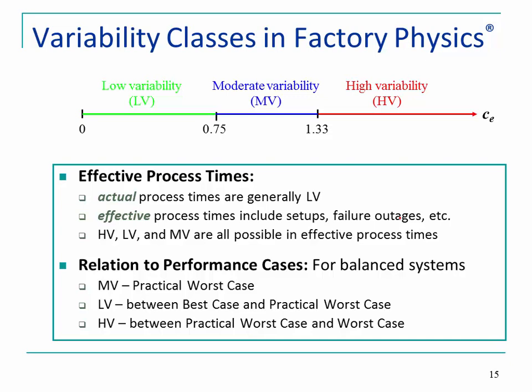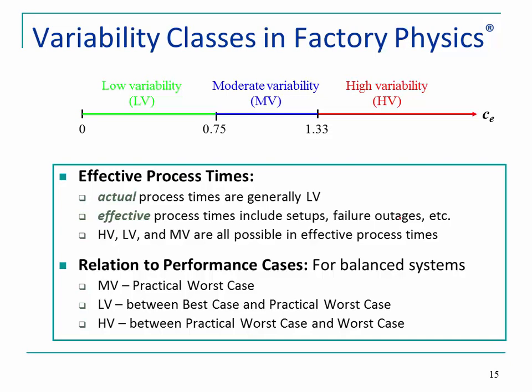Okay, so in terms of effective processing times, the actual process times are generally low variability. The actual process time is you're having a machine and you're running and processing on that machine. It's that time that it takes to run the machine to produce that part without taking into consideration the setups, not taking into consideration the failures, just the processing time of your part.